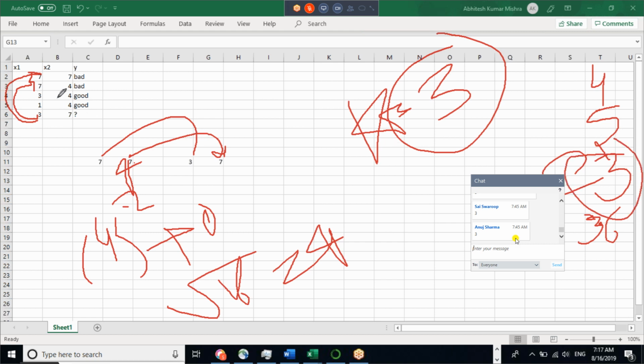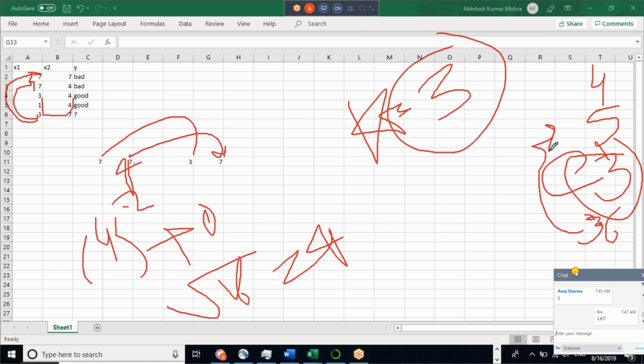You have to think about it this way. What values are nearest to this 3? You have to think about that nearest point.